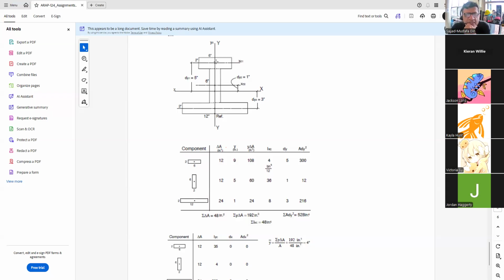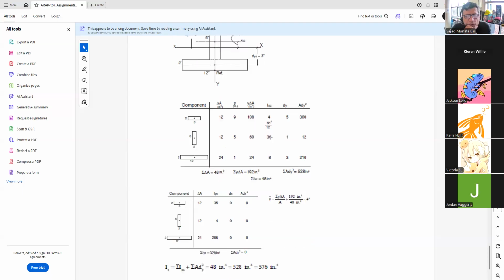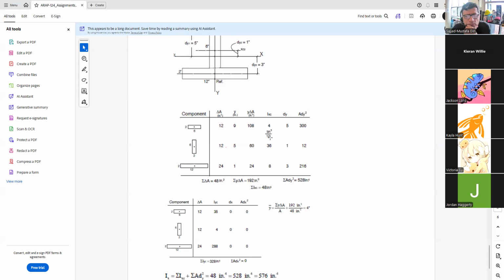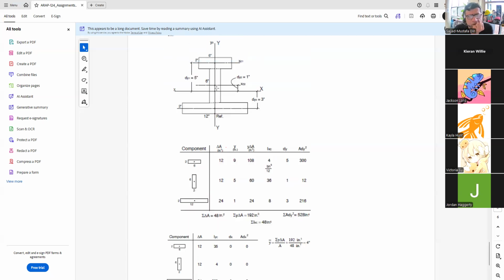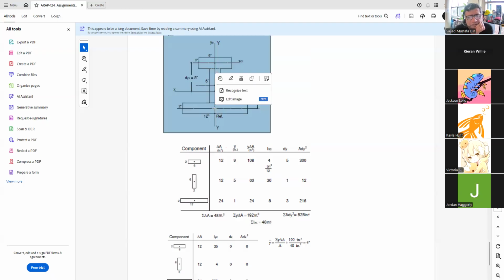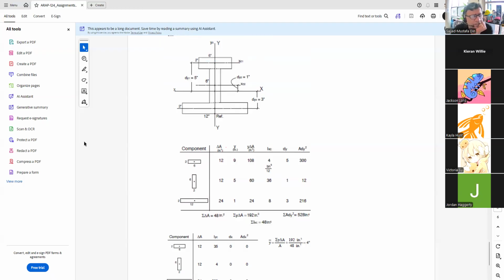So let me think about this because I think I'm confused here as well. This is the centroid. This is the reference. Right here is the reference. That's 1 inch right here. That's another 6 inches right here. That's 6, that's 1, that's another 1 inch.